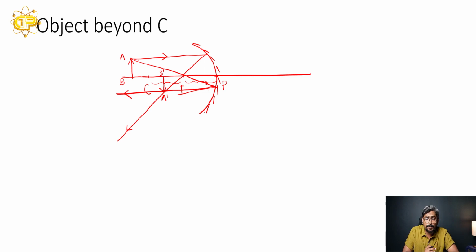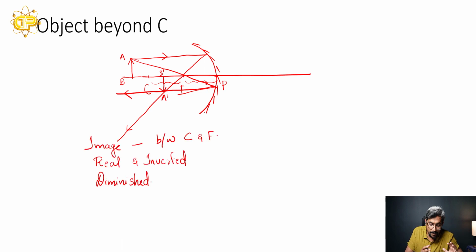You can see that the image is formed between C and F, and the reflected rays are meeting in real, so you will get a real image. All real images are inverted, and in this case the image formed is smaller than the object, so it is diminished. So these are the various properties.